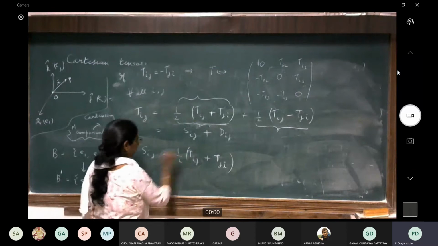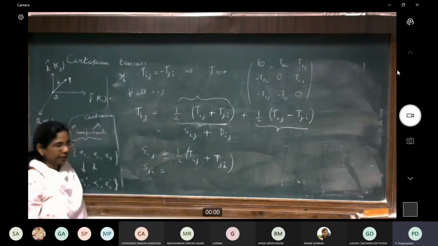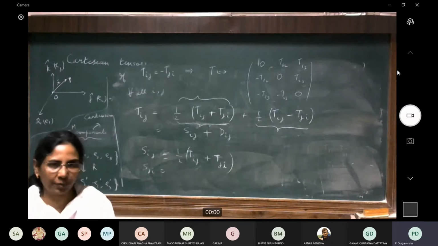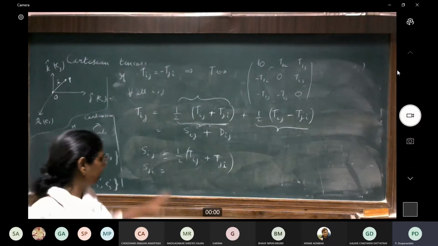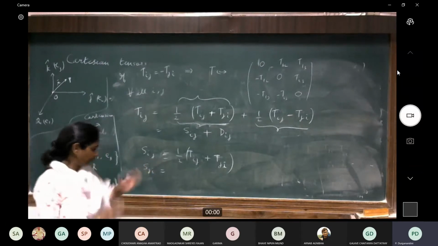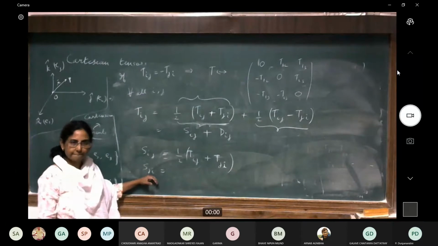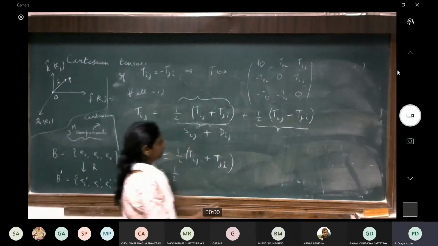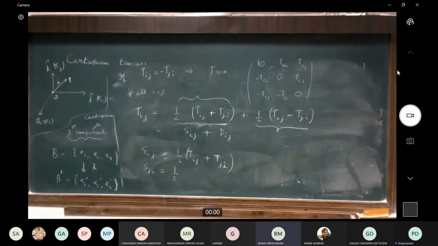Now, if I have Sij like this, what is Sji by definition? I'm doing all this a little bit elaborately because I want you to learn how to manipulate indices and how to manipulate equations which contain these kind of subscripts and operations. By definition, Sji is half of Tji plus Tij.